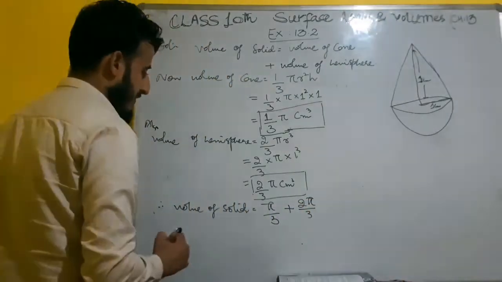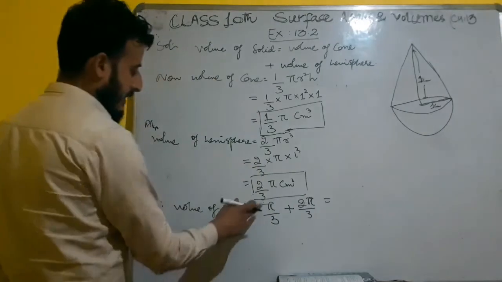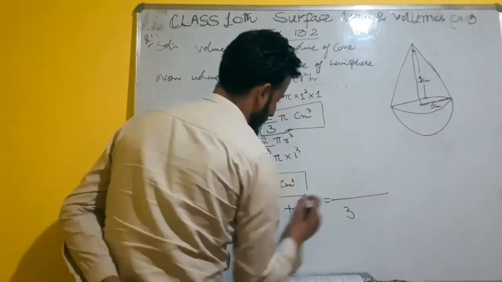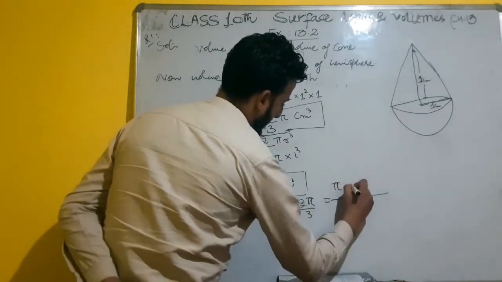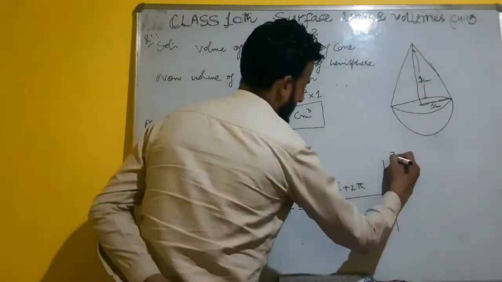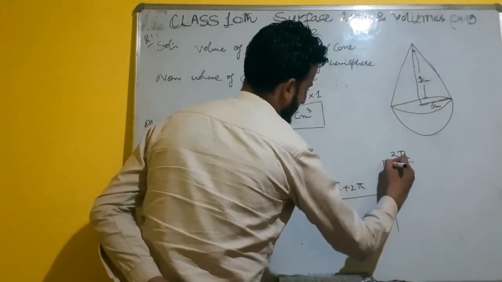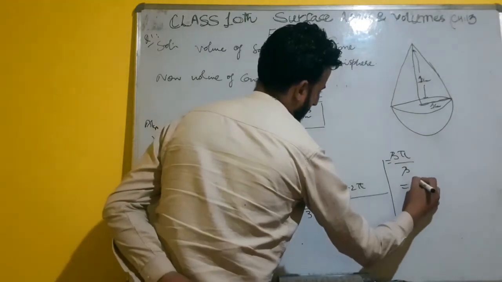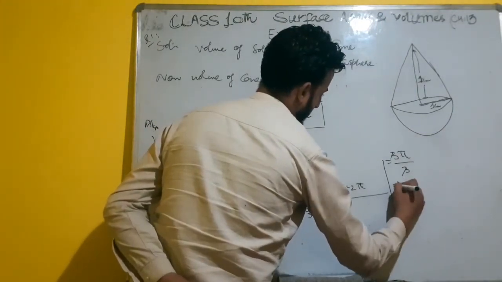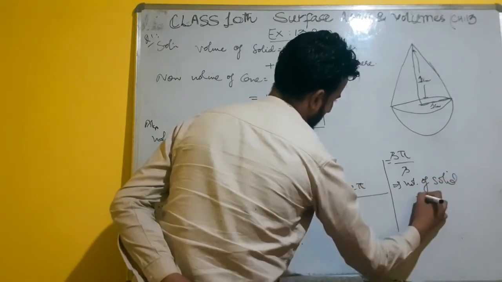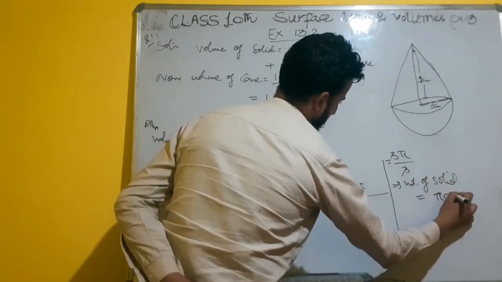Further we can write this as pi plus 2 pi, the denominator being the same, that is equal to 3 pi upon 3. So the volume of the solid is equal to pi centimeter cube.